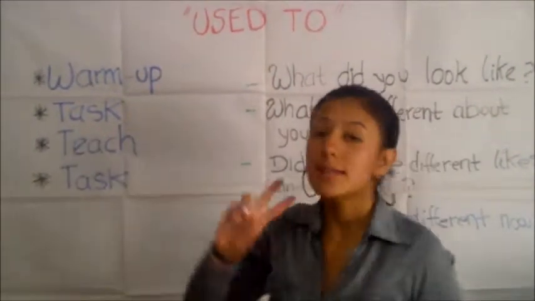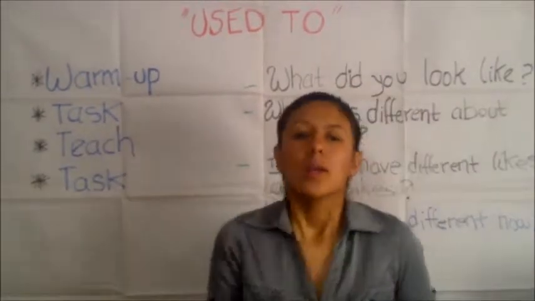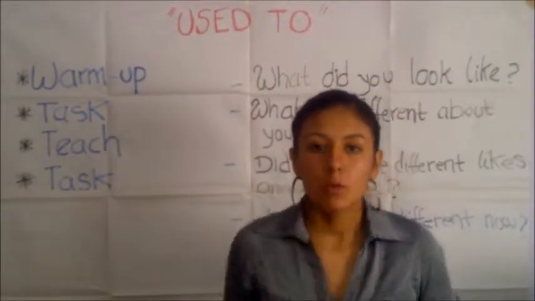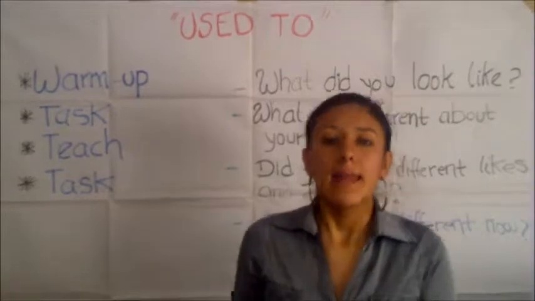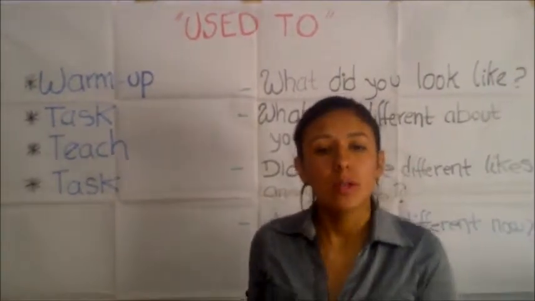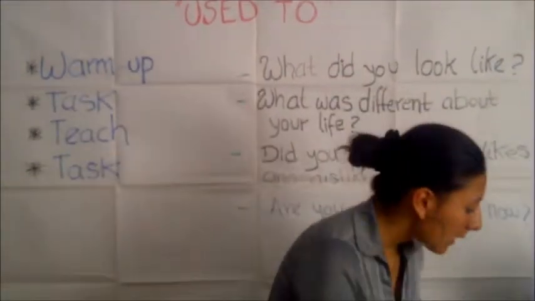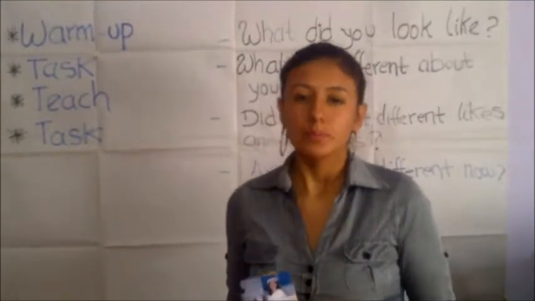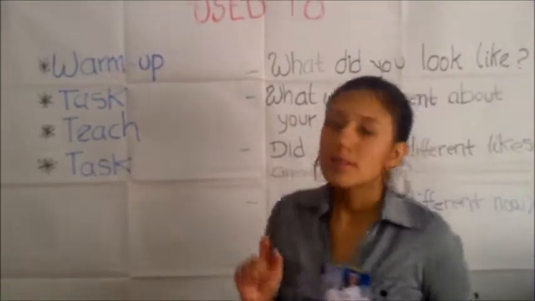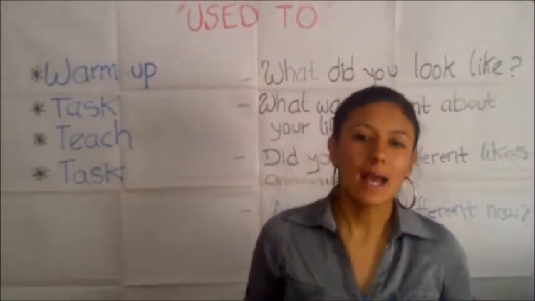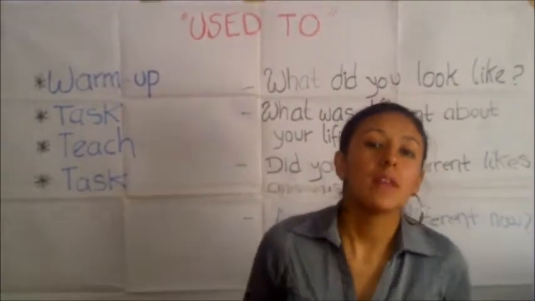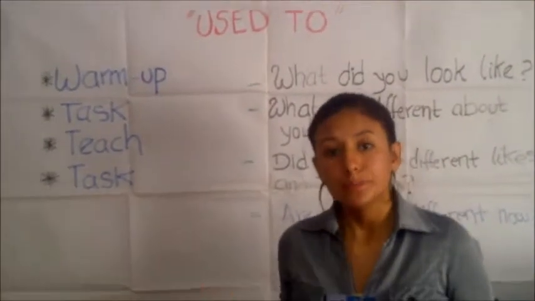For the second stage, that is task, you are going to divide the class in groups of 3. Then you have to ask the students to take out their photographs from 10 years ago, because during this stage the students have to discuss how they were different 10 years ago.